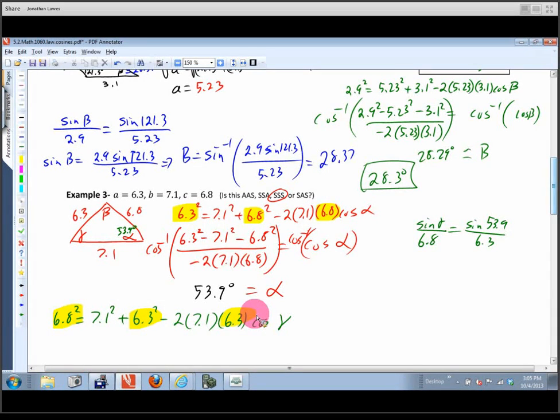So I only changed 3 things. So let's just figure out what gamma is by doing cosine inverse of this stuff right here, except we're swapping a 6.8 with a 6.3. And then on the bottom would be a 2 and a 7.1 and a 6.3. And that's going to tell me what gamma is.